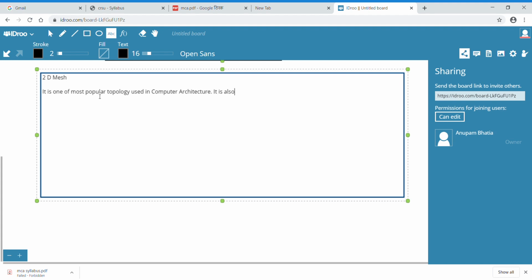It is also called the two-dimensional hypercube.